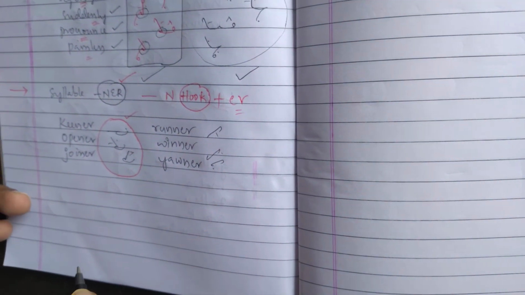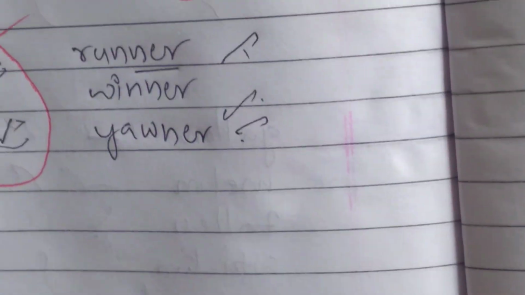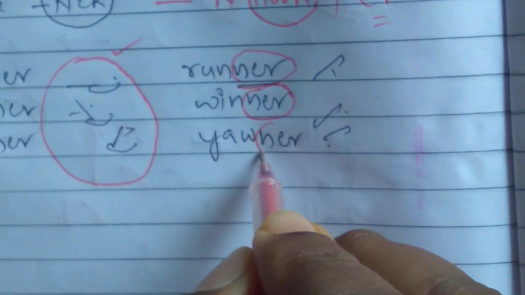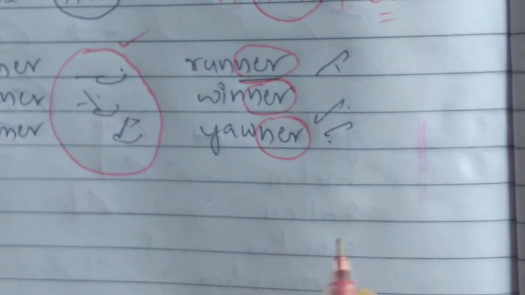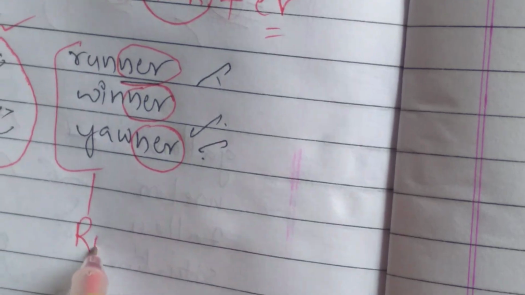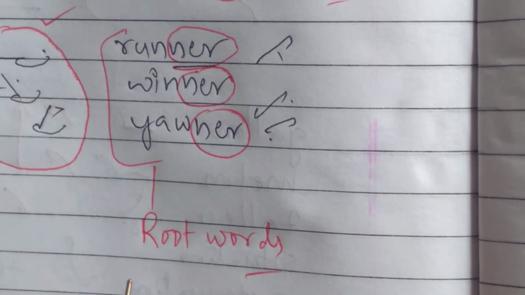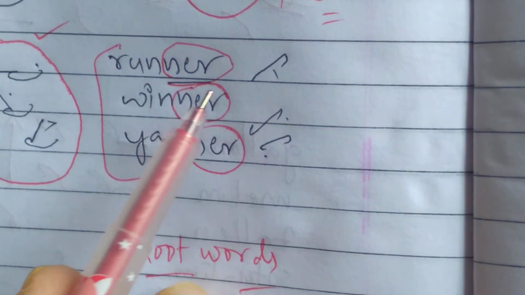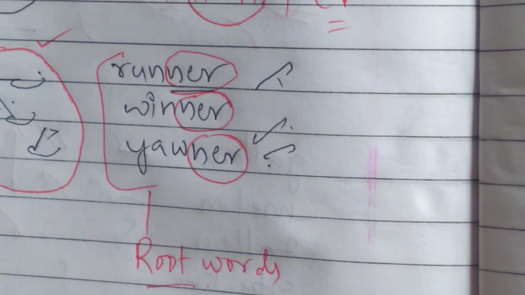Now we have to write runner. This is ner here. How can you add ner to these root words? Is it correct or not, what I am telling? These are all root words. How we can write run: we can write like this, run, win, yarn. These are all root words.